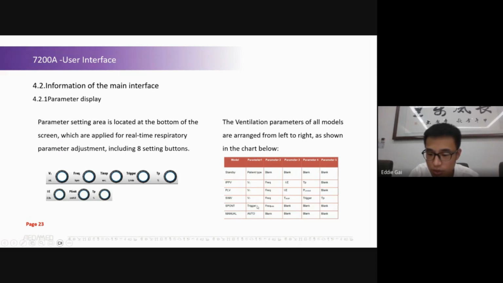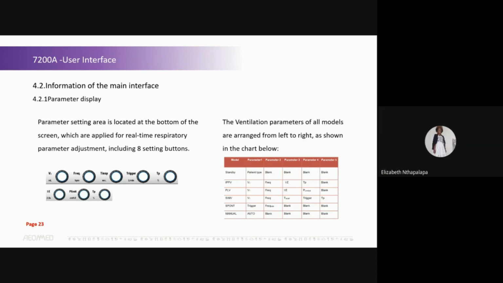The machine gets the trigger from the patient and gives support. This mode is usually used for the patient who is conscious after the surgery and waking up. Is that clear, Elizabeth? Yes, it is clear. Thank you. Thank you very much.